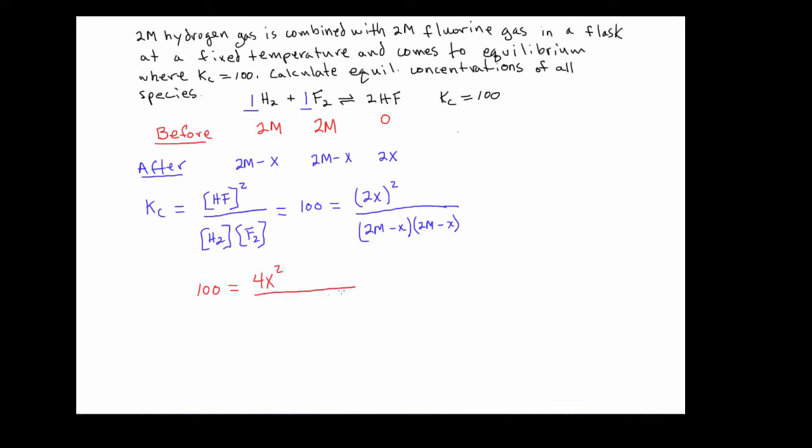And then on the bottom, this can be rewritten as 2 molar minus x in the parentheses and then the whole quantity is squared, because it's this quantity times this quantity. Now notice the trick that we can use here, because we essentially have a perfect square. We can take the square root of both sides.